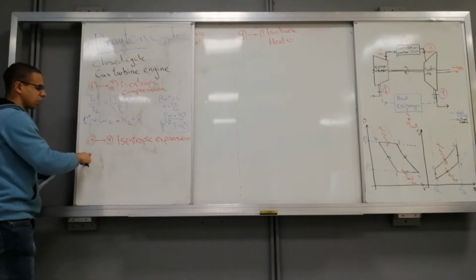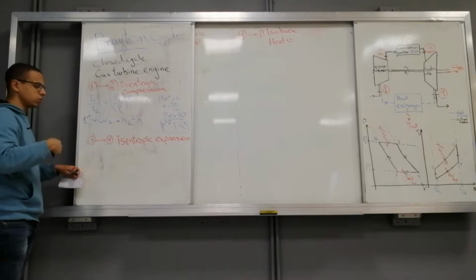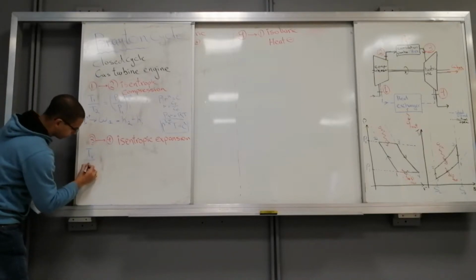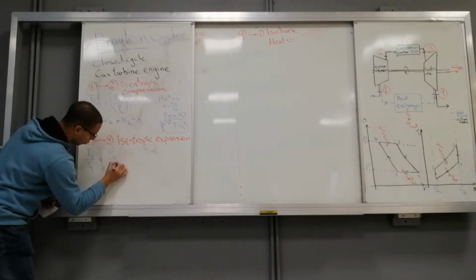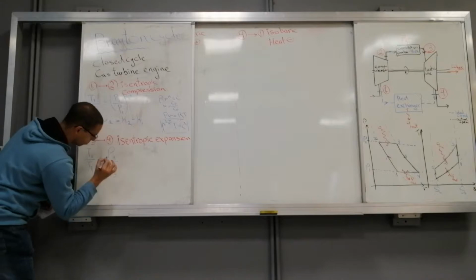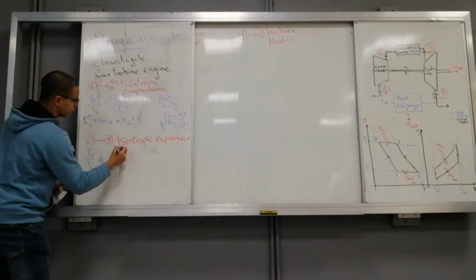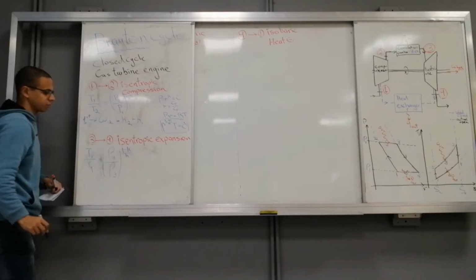The same analysis applies at the expansion stage, where work is extracted from the fluid using the turbine. T3 over T4 equals (P4 over P3), pressure at state 4 over pressure at state 3, to the power (1 minus K)/K.